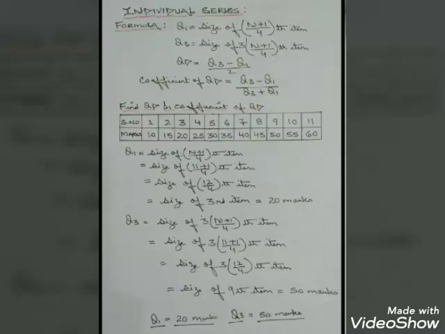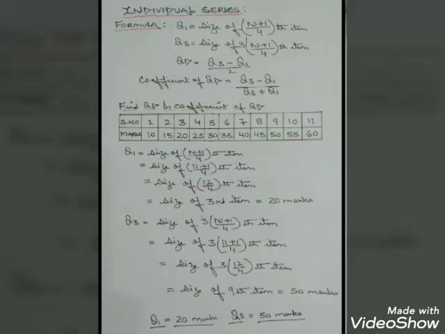Now children, the very first thing we will do is find Q1 and Q3. I have already told you the formula, so let's find Q1. But before that, remember that we need to keep in mind the series. Q1 equals size of (n plus 1) upon 4th item.